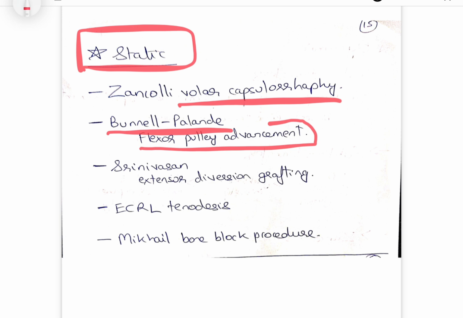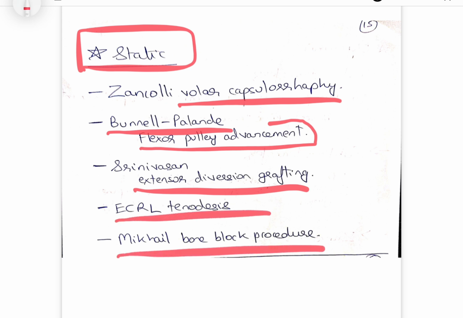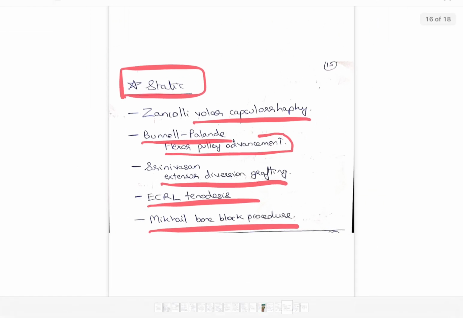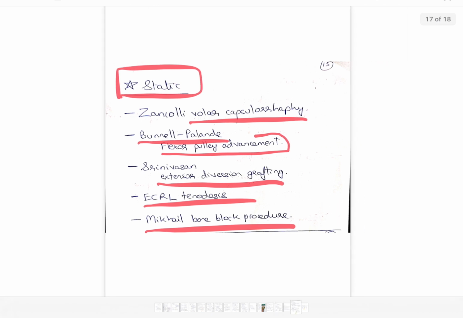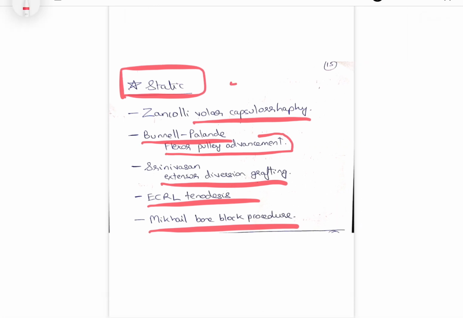Okay, then the other procedures are Srinivasan extensor diversion grafting, ECRL tenodesis, and Mikhail bone block procedures. Okay, so these were the famous named procedures for static reconstruction.